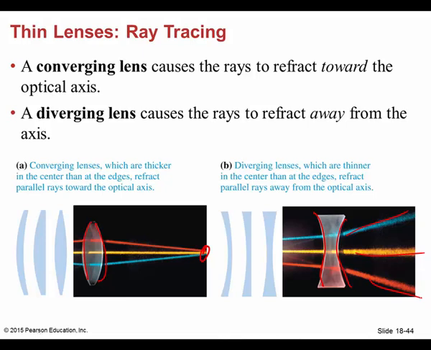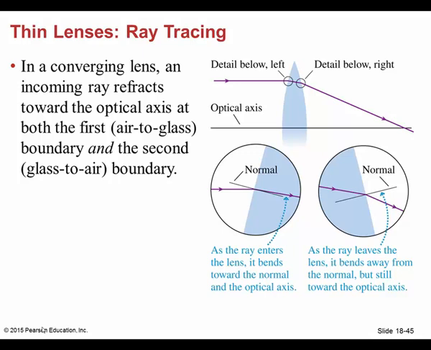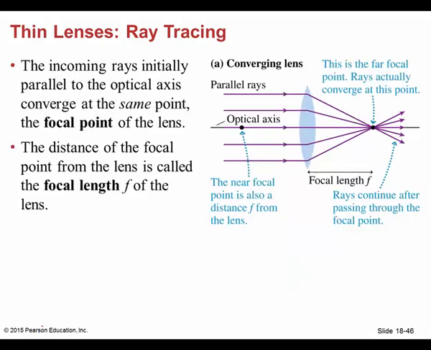So that's how we determine whether it's converging or diverging: by looking at the curvature of the lens and what the rays do. Do they converge or diverge? All right, with converging lenses, we have what is called a focal point, which is the point at which the light rays will converge.